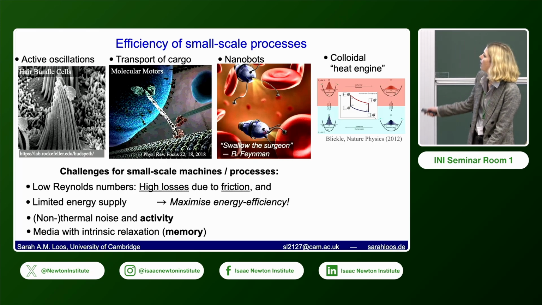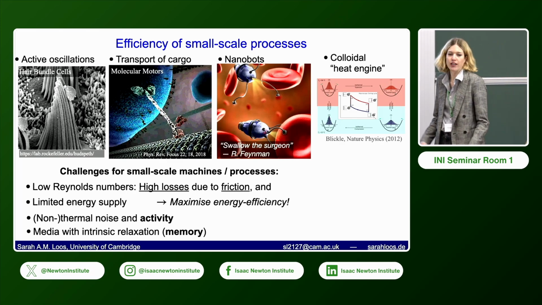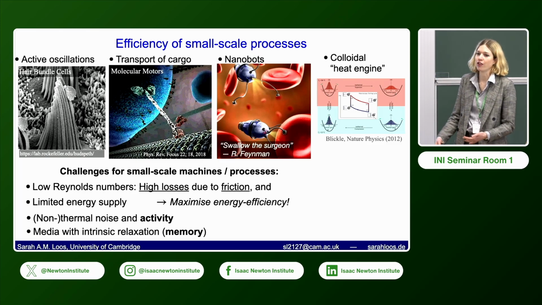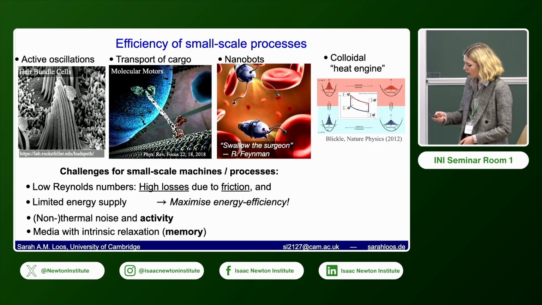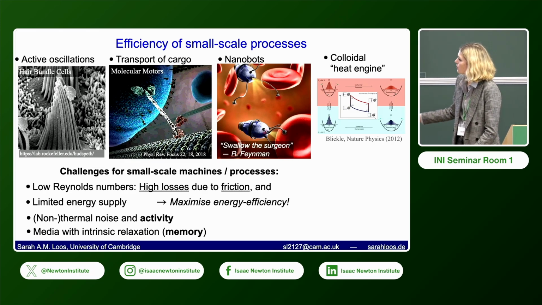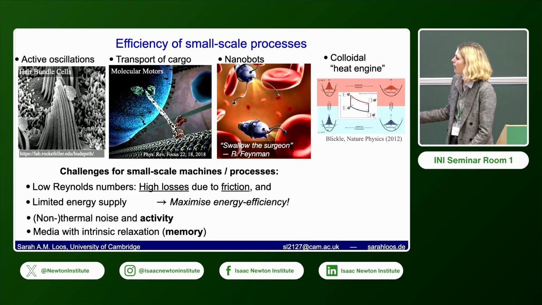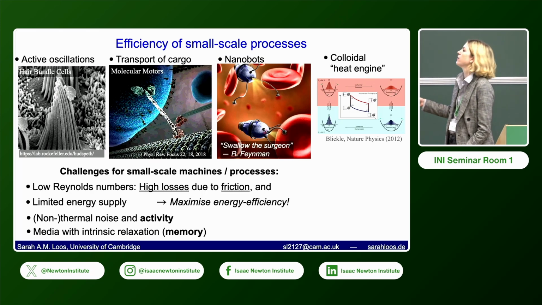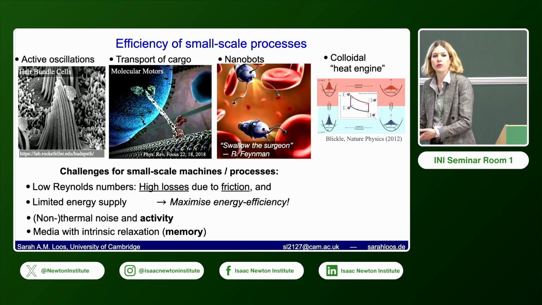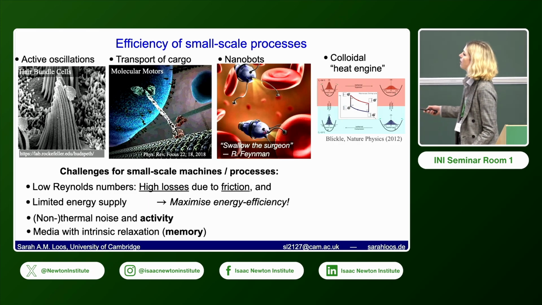So I think it's quite clear that it's a pressing issue to think about energy optimization for machines on these scales. And on top of that, you also have to deal with non-thermal and thermal noise. And in many of these biological machines, you would also have to deal with activity of the system that you want to control or the environment.